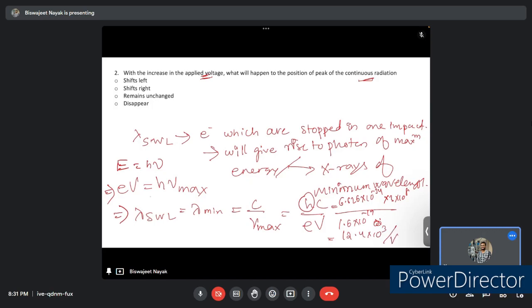So here we can see the relation between the wavelength and the voltage is inversely proportional to V. So here, if an electron is not completely stopped in one encounter, as I was already telling you, it undergoes a glancing impact which only partially decreases its velocity, and a fraction of this electron EV is emitted as radiation, and the photon produced has less energy than this h nu max which we get for the photons which are stopped at one go.